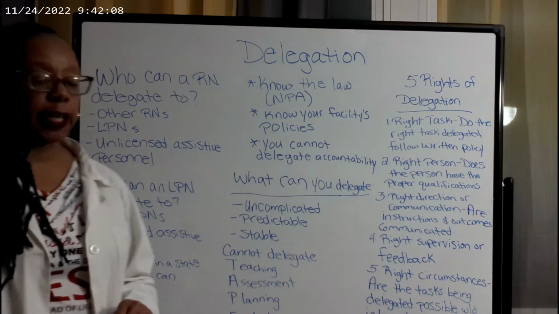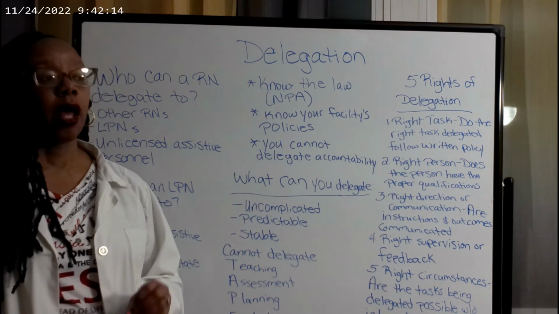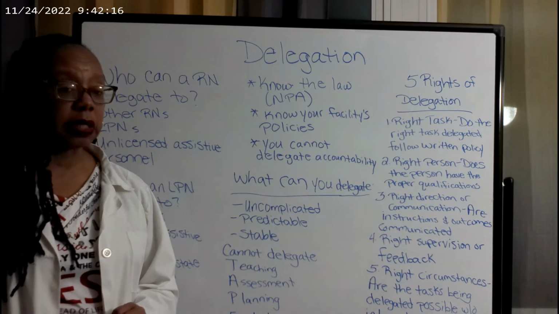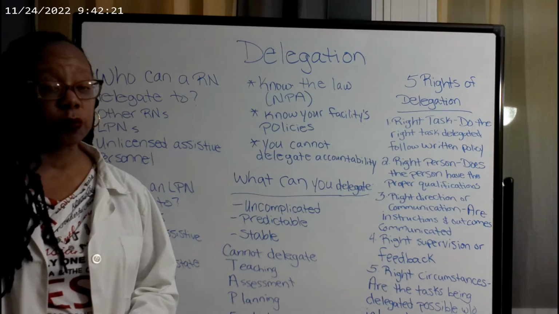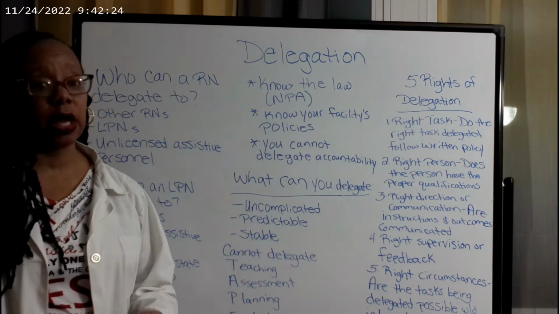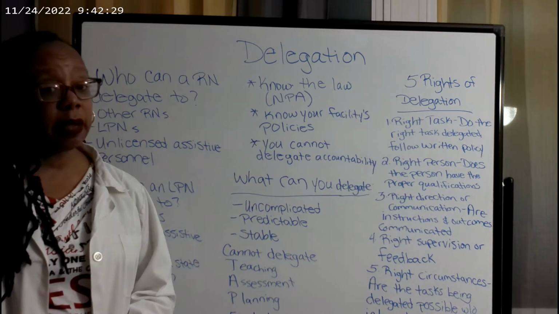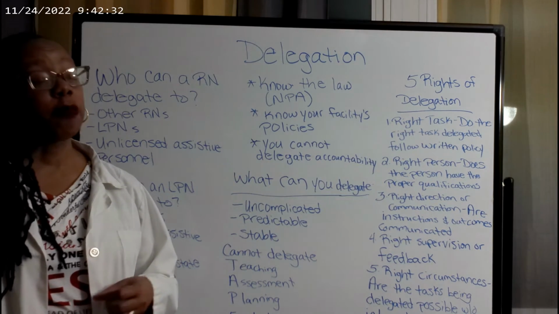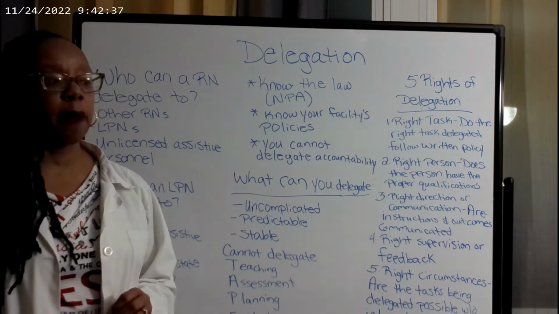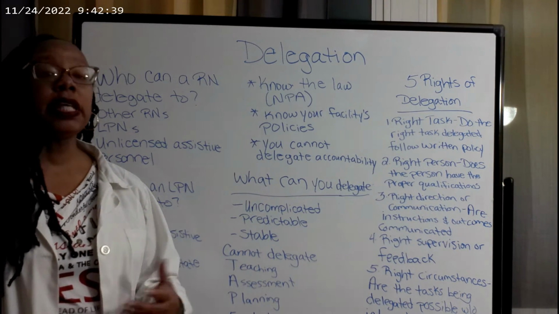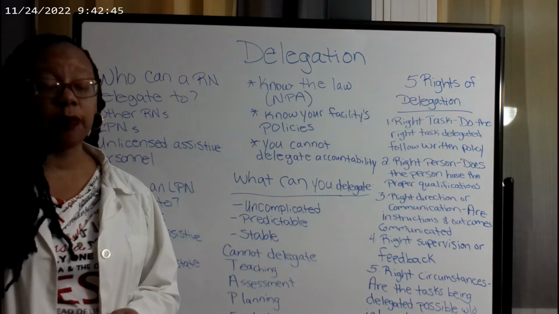So what can you delegate? You can delegate uncomplicated tasks with predictable outcomes for stable patients. If we're talking about delegating to LPNs or unlicensed assistive personnel, the patients have to be stable, uncomplicated, with predictable outcomes. For example, yes, we can delegate feeding to unlicensed assistive personnel, right?